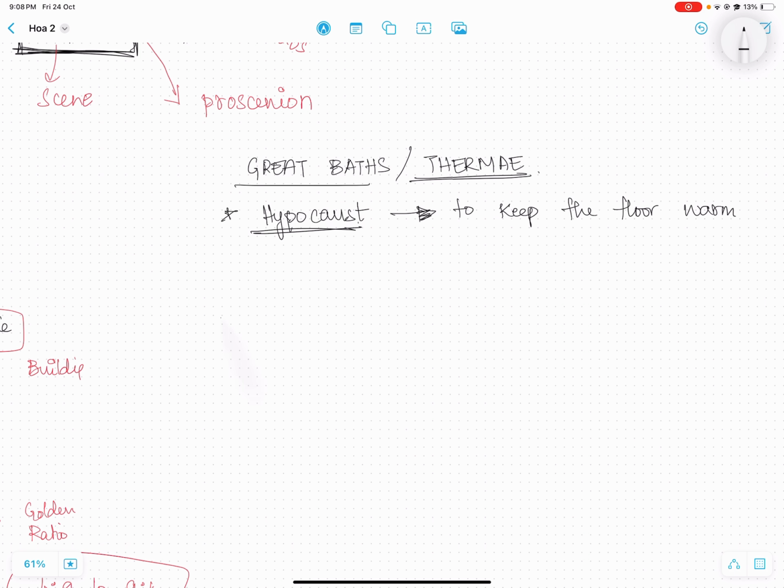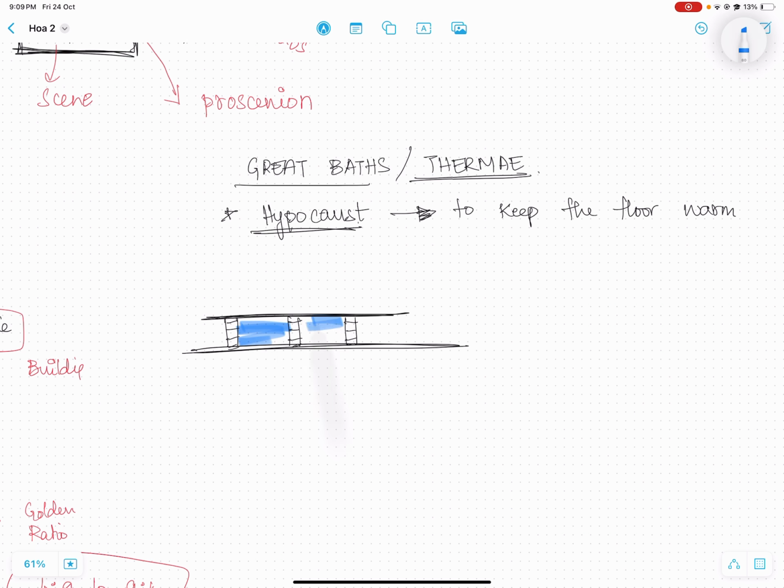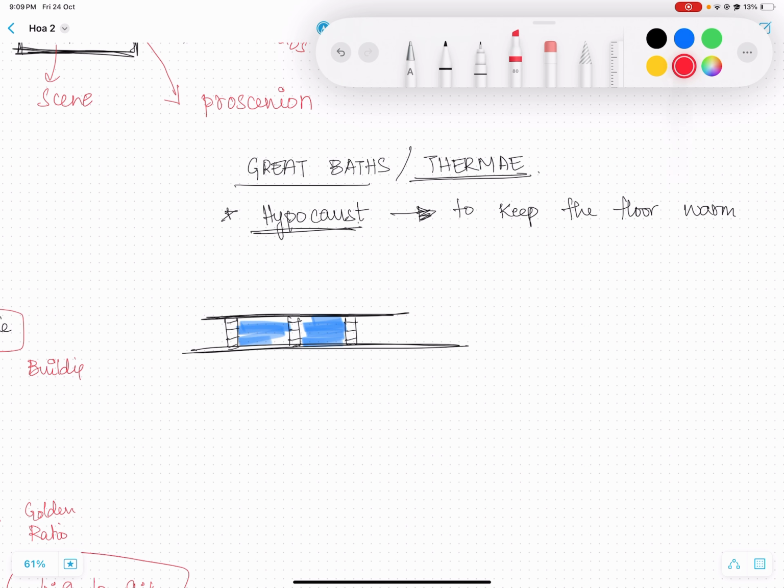Consider this to be your floor, and below it they had brick or stone masonry forming tunnels, so that these spaces were filled with hot water.